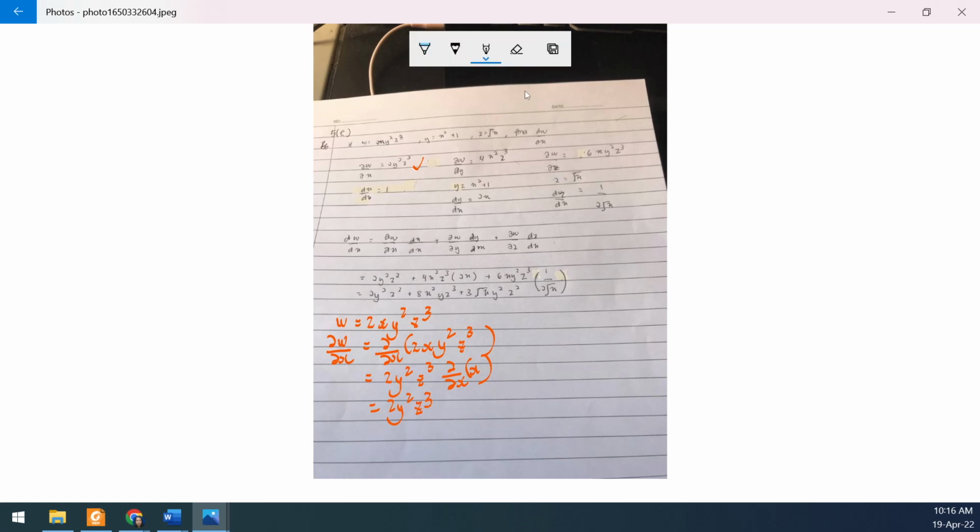Later on, when you want ∂w/∂y, I erase here. ∂w/∂y, so you take ∂/∂y of 2xy squared z cubed.